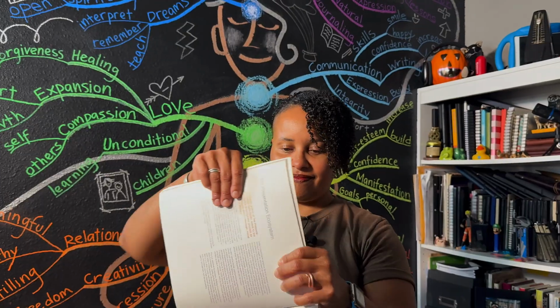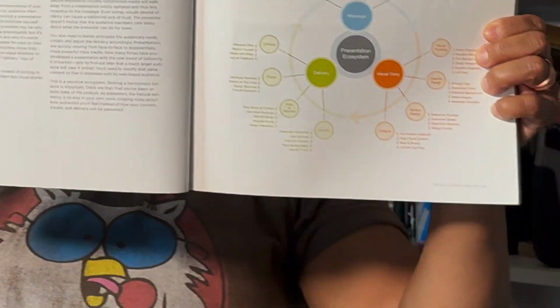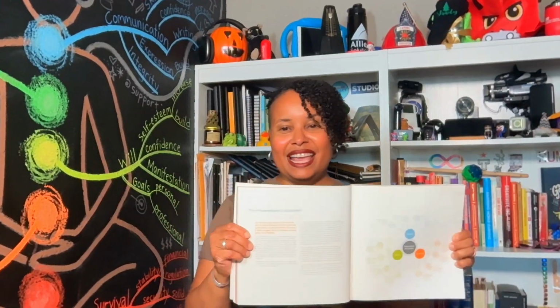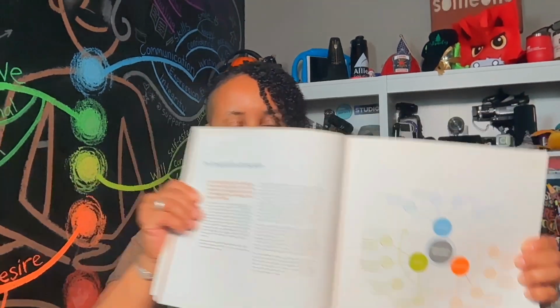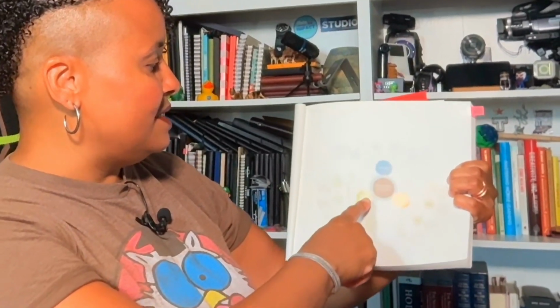One of my favorite things about this book is called the presentation ecosystem. Here, I'll show you. This right here is a great one. Nancy goes into detail about the message, the delivery, and the visual story, breaking every presentation into those three parts.